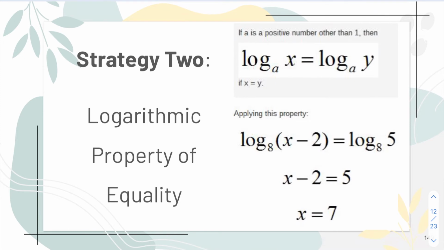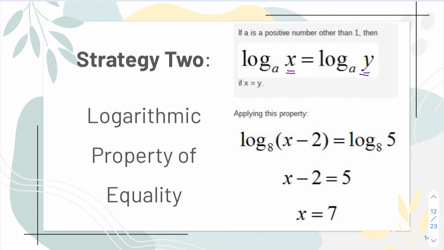Strategy 2 is the property of equality, the logarithmic property of equality, which is not something you guys have learned yet. But it's basically saying if I take the log of something and it's equal to the log with the same base of something else, those somethings, the arguments, must be equal. And I know that this makes sense to you guys.